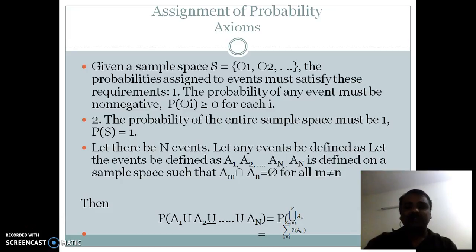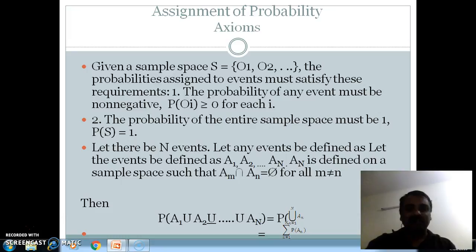The probability of any event must be non-negative. That is, P(Ai) ≥ 0 for each i. 2. The probability of the entire sample space must be 1. That is, P(S) = 1.